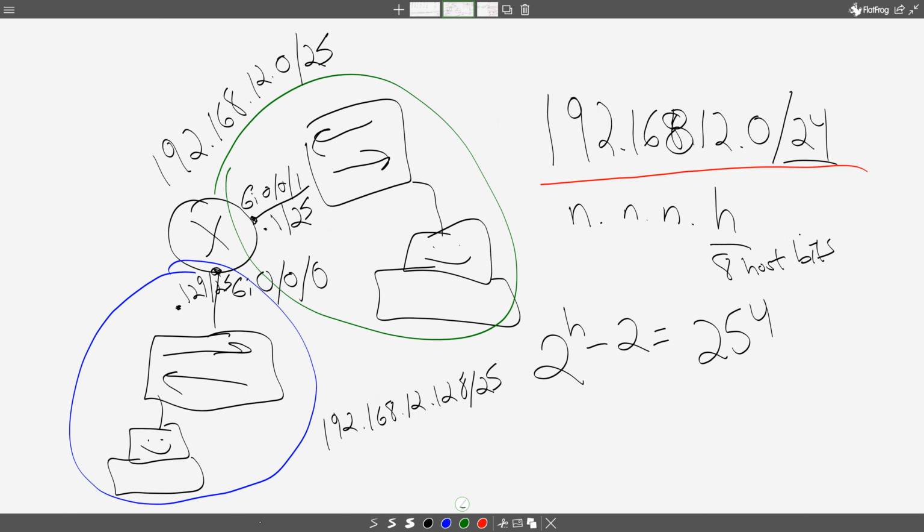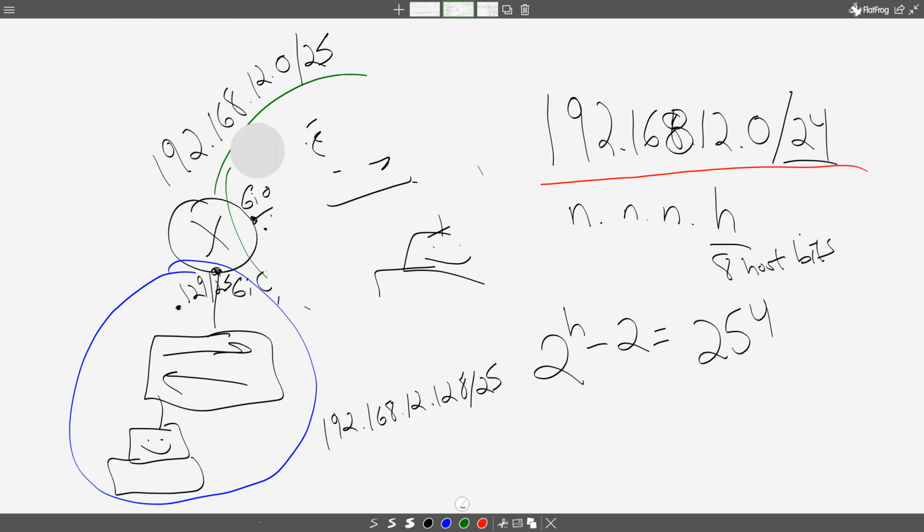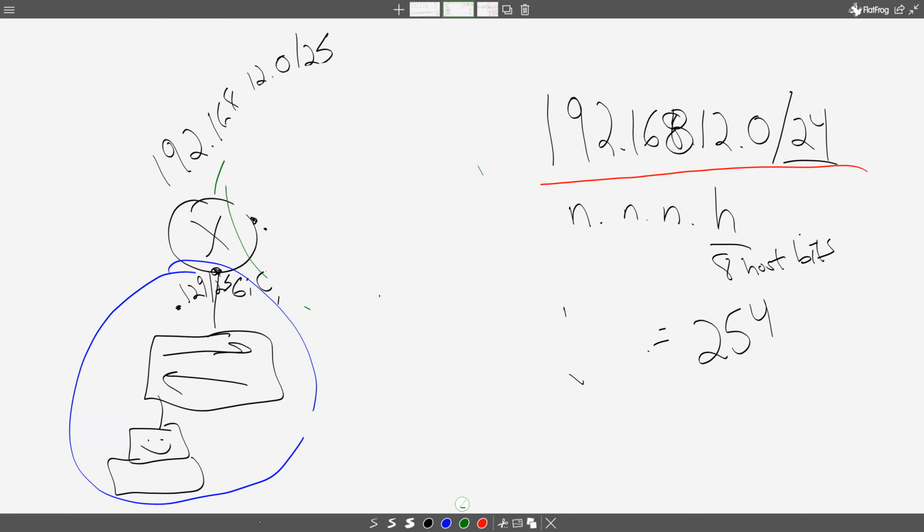And I'm going to say, okay, now let's imagine, folks, that this diagram changes. Let's imagine that instead of what I've got here, we're going to subnet this differently. It's easier just to draw another.